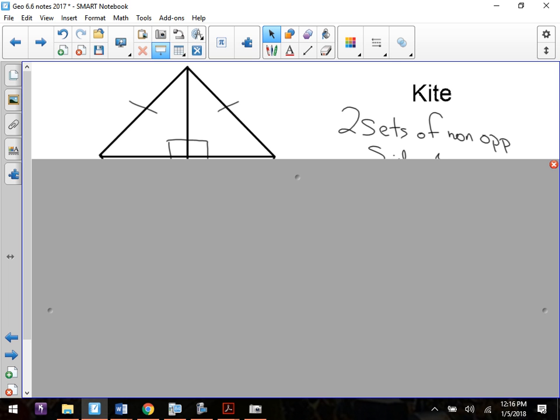So I would mark these two here. And do you also agree that I have a reflexive side for that vertical part? Yeah. So what we wind up with is angle, angle, side.